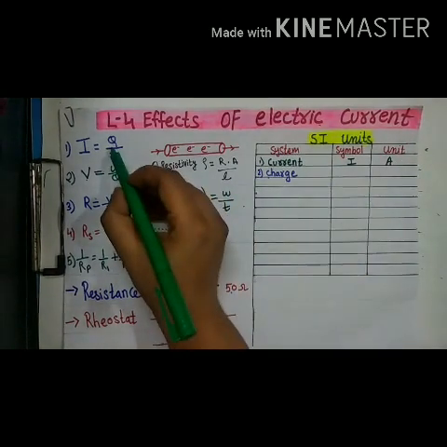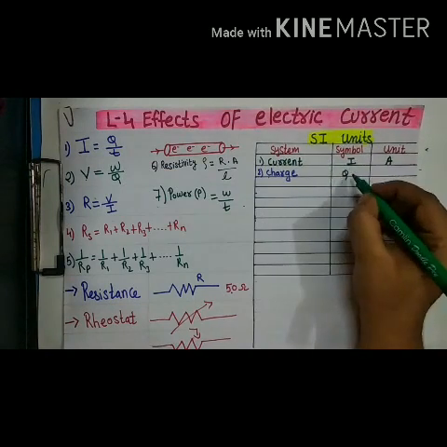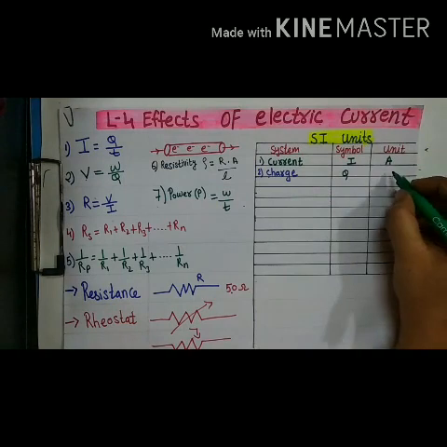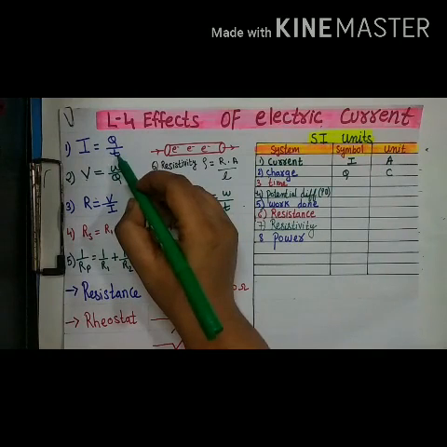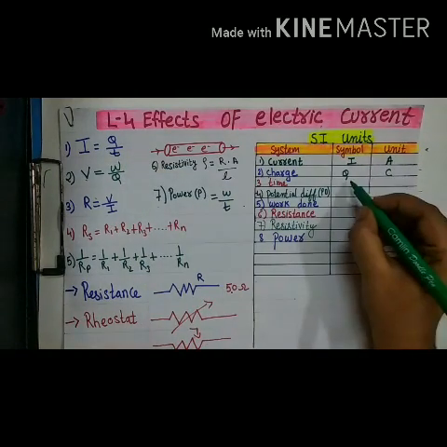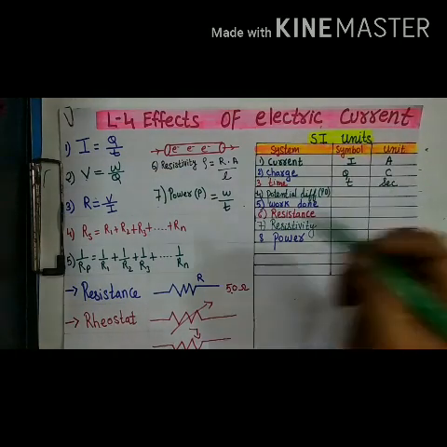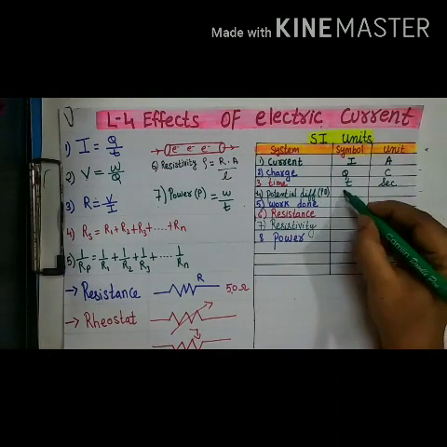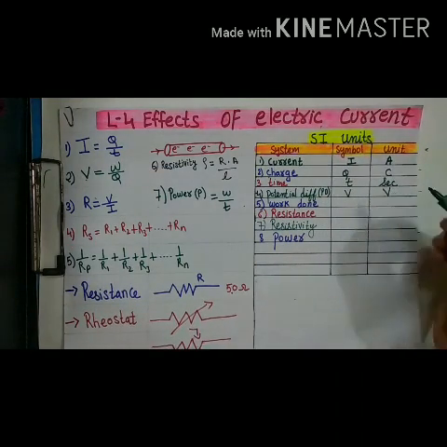Next is Q. Q stands for charge. The SI unit for charge is coulomb, which is denoted by C. T stands for time. The SI unit of time is second. V stands for potential difference. The SI unit of potential difference is volt.